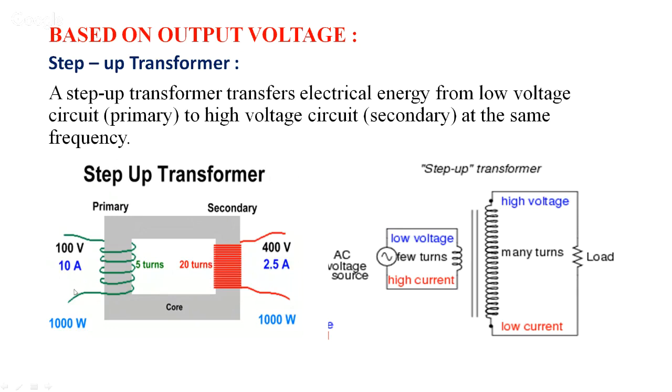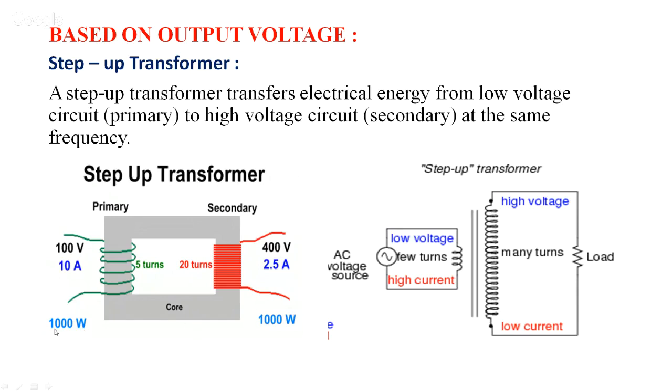Now let us say the primary winding has 5 turns and 100 volts is applied across it, and say a current of 10 amperes is flowing through it, and let the secondary winding be of 20 turns, and the output voltage here is, let us say for example, 400 volts and the current is 2.5 amperes at the same frequency.